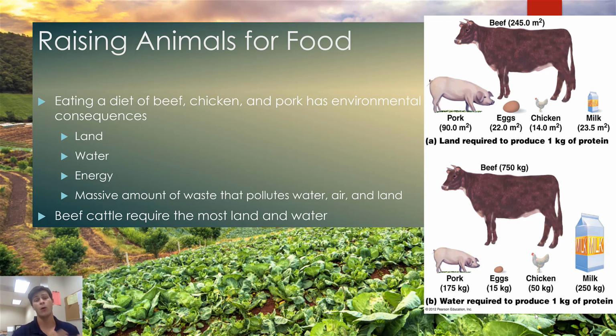Now, again, by far, cattle is the worst, and this is essentially due to the fact that cows take a much longer time to grow, and they are much larger animals. Because the lifespan of a cow is a little bit longer, and because cows are larger animals, it takes more and more resources to raise it up to the point where we can actually slaughter it. Contrast that to chicken or pigs, and while pigs are still pretty bad, they are not as big as cows, and they do not take as long of a time to be raised to adults so that we can slaughter them.